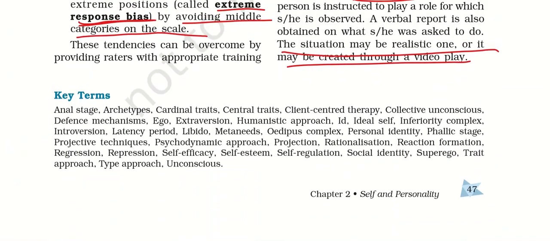We have covered a lot in this chapter, and this chapter holds up to be a very important chapter for your examination. We have discussed a lot of things like what is self-esteem, what is self-efficacy, what is self-regulation, what is self.